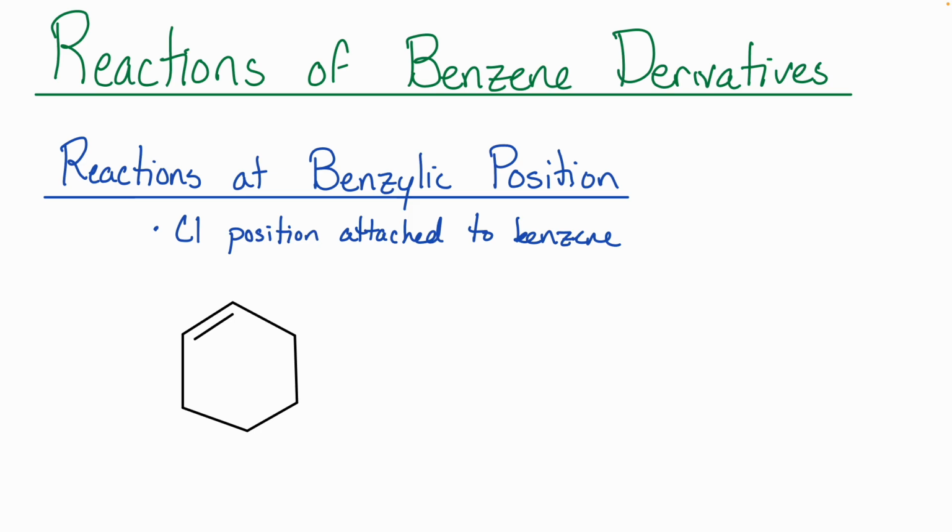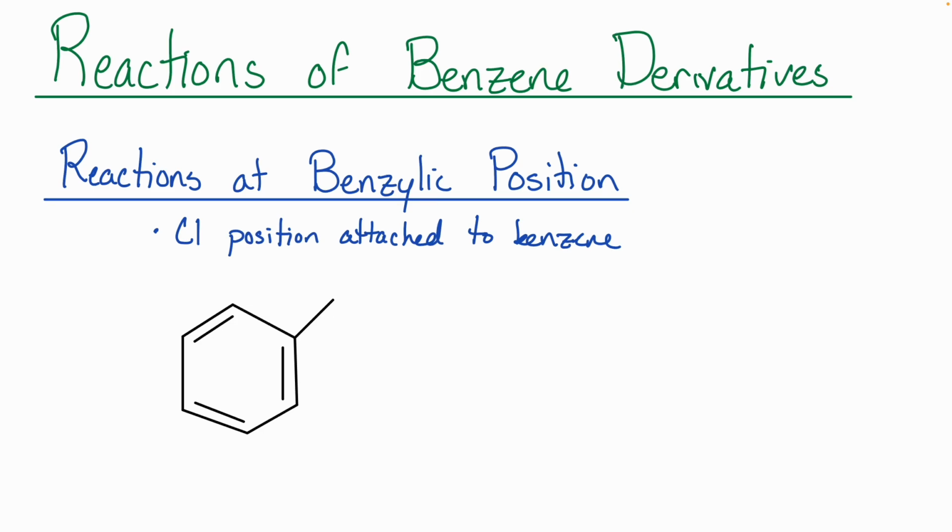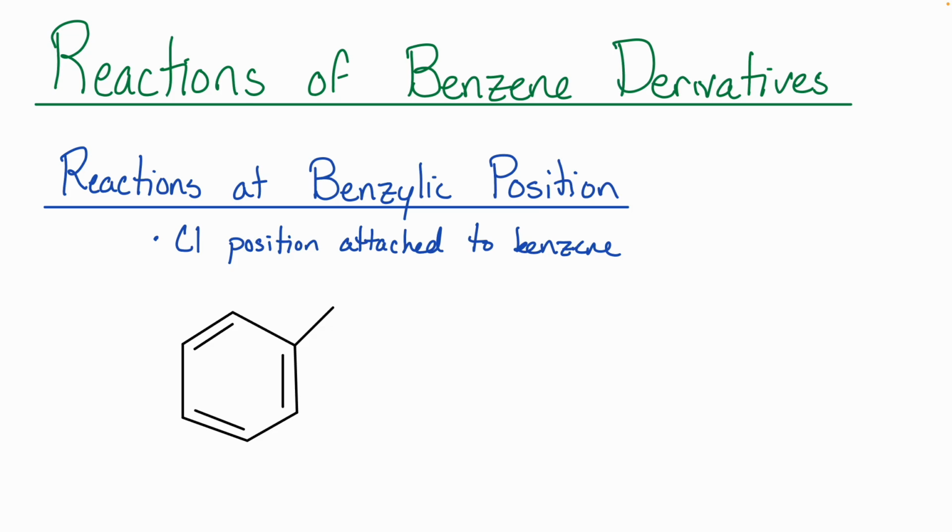So if we have a benzene ring and it has some sort of an alkyl group on there, like for example, what do we have a special name for this one actually? Toluene. That methyl carbon is in the benzylic position.